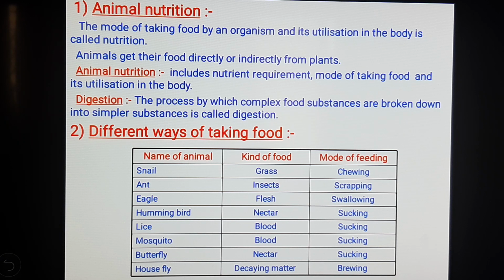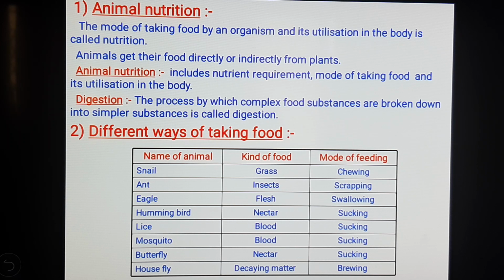So animals get their food directly or indirectly from the plants. Means sometimes animals get food directly from the plants. For example, herbivorous animals like cow, buffalo, goat, they are directly eating the different types of grasses. So they are getting food directly from the plants. And indirectly, now how are the animals getting food indirectly from the plants? So now here we can see the example.